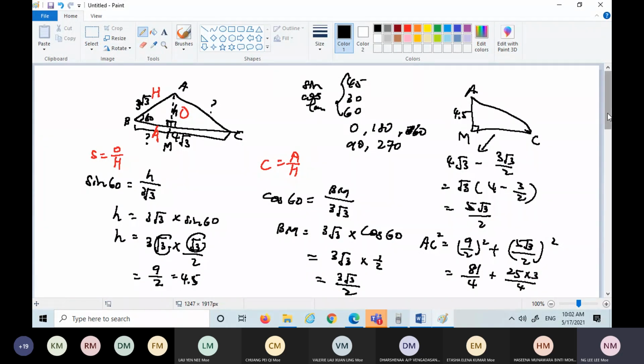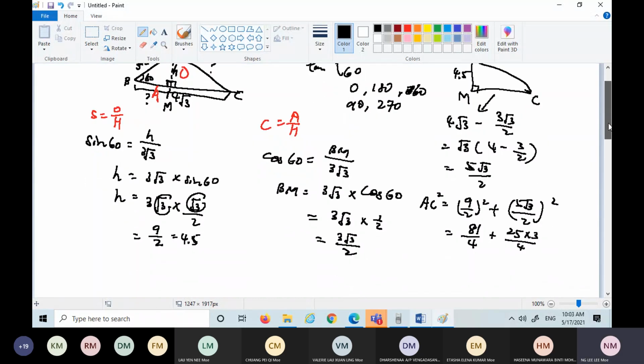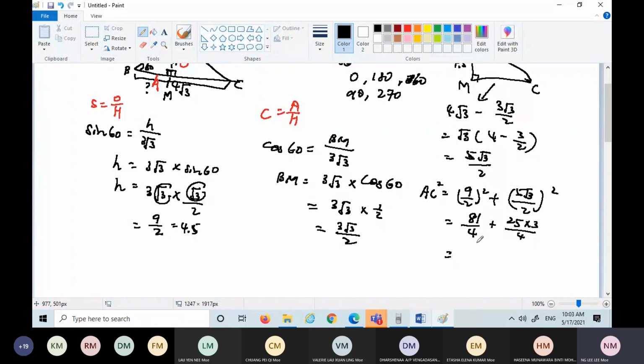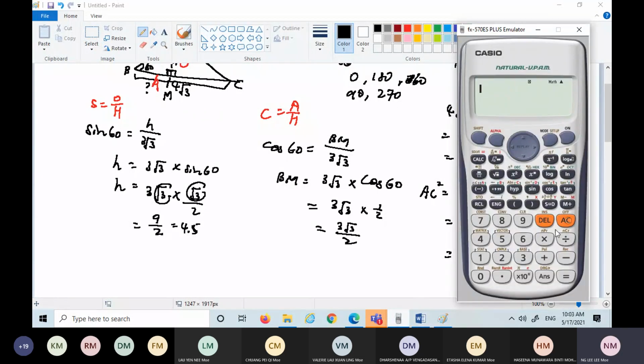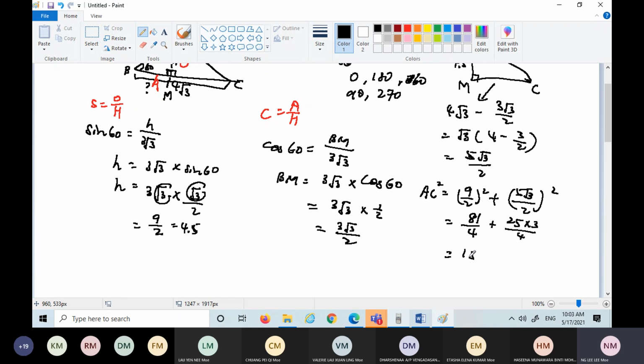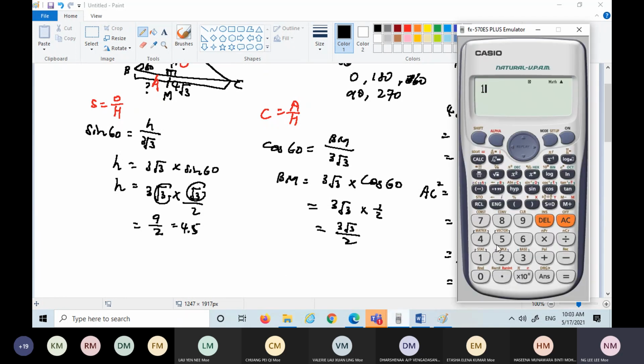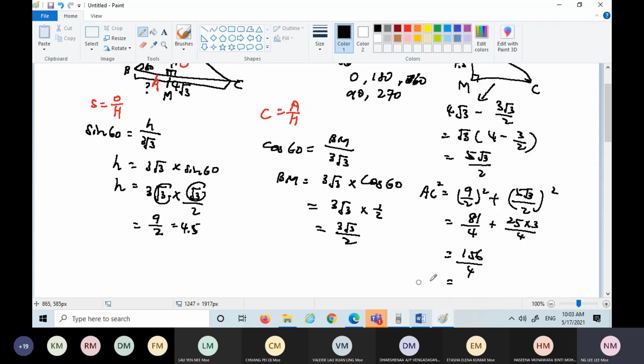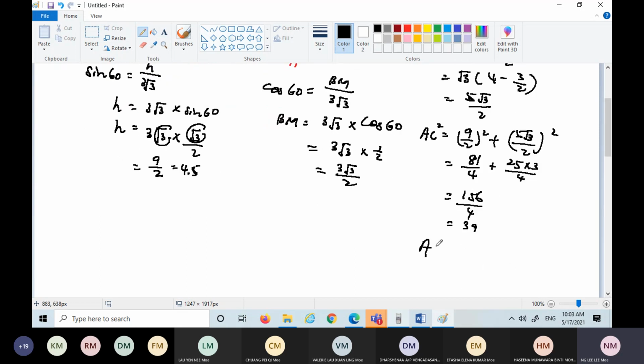But now you have to expand it very fast in the exam. This is 75. So 81 and 75, 156. So it's 156 over 4. Then the answer, so I get 39. This 39 is for the AC square. So AC, last step, is square root of 39.